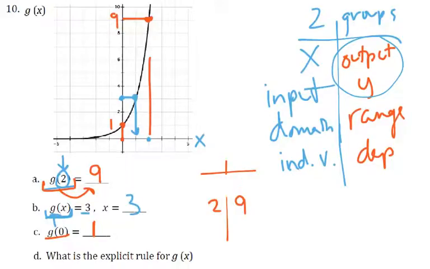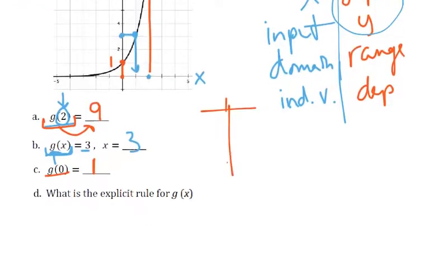So actually, if we combined all these points together, okay, we'd have 0, 1, 2, and 3. Well, why did I put 3 there? That was 1.